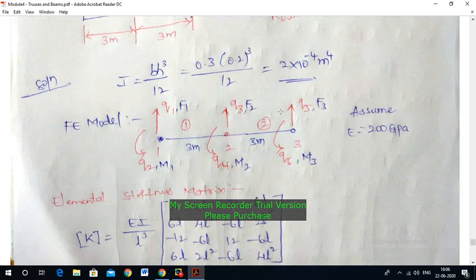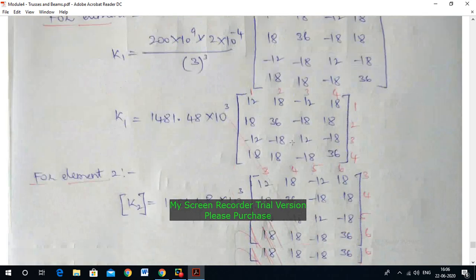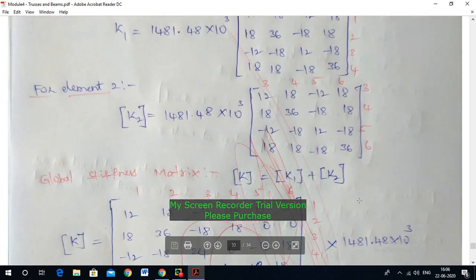Since element 2 connects node 2 to node 3, q3 and q4 are the nodal displacements at node 2, and q5 and q6 are the nodal displacements at node 3. Hence you can give the numbering 3 4 5 6.